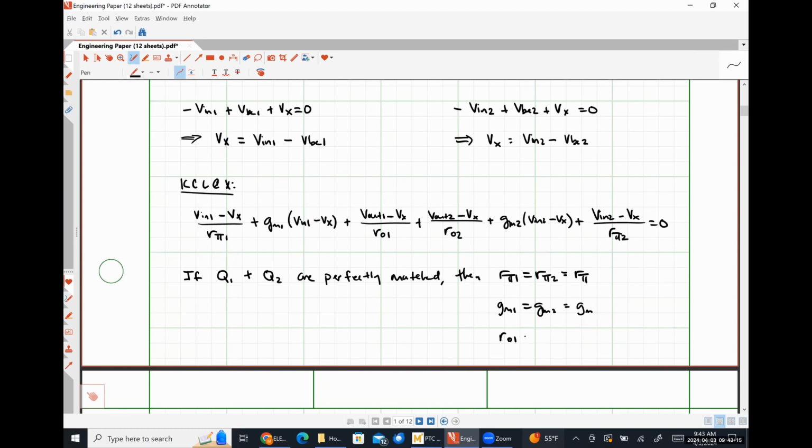And R01 would have to equal R02, so we'll just call that R0. If those transistors are perfectly matched, that should be the case.